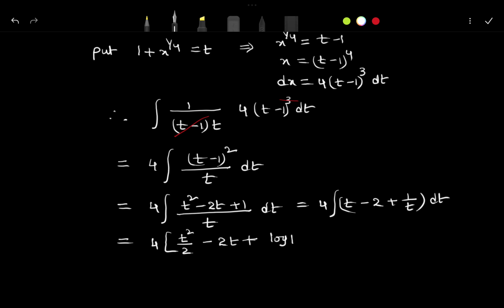Now what is the t value? t is equal to 1 plus x to the power of 1 by 4.